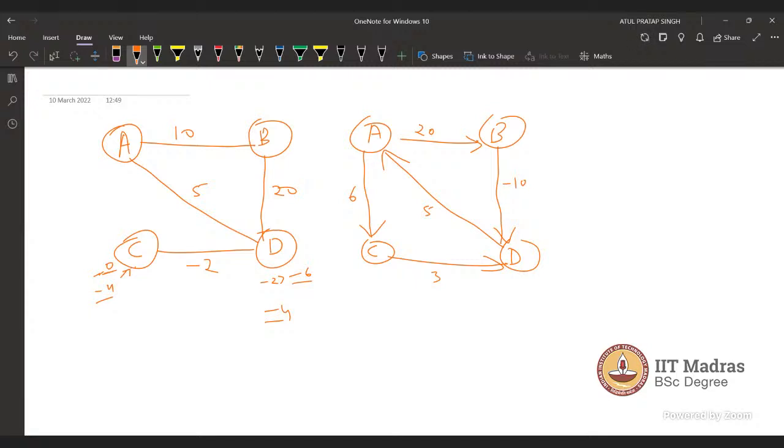Yes. In the directed graph, for example, if we start from zero at node A, we can move to B with 20. Then we can move from B to D, 20 minus 10, so now it becomes 10. Now we can move from D to A, 10 plus 5, 15. Initially it was 0, now we are getting 15, so the value is increasing, not decreasing.